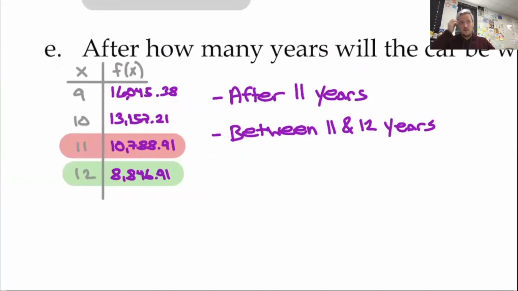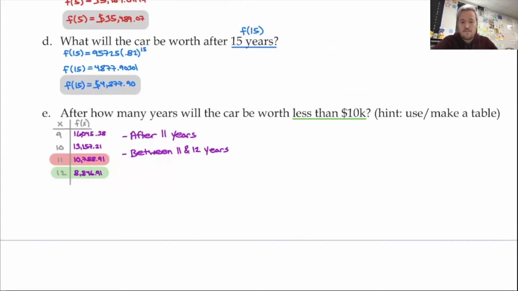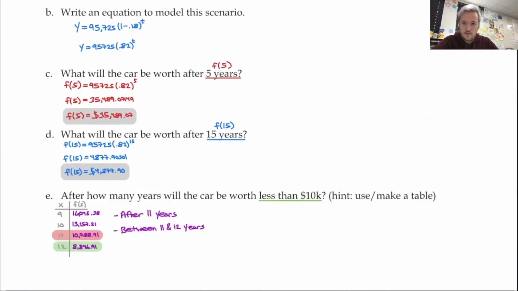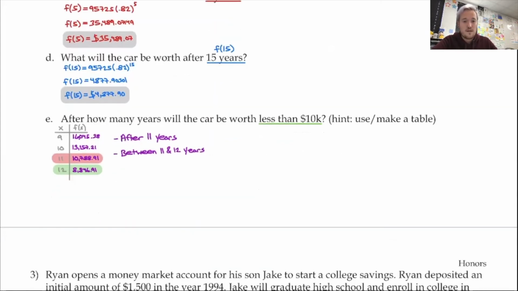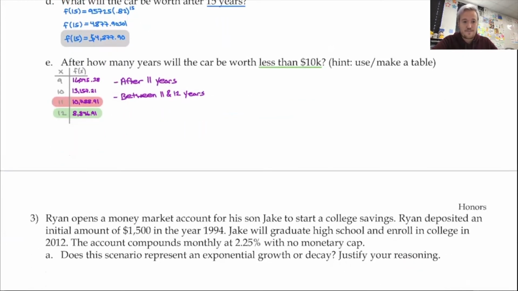There's actually a calculus way to solve these using what we call natural logs and natural logarithms. You'll learn that later on. Don't worry about that now. But this is the algebra way to do it. When you get to the calculus way of doing it, it'll actually give you the exact time, like 11.4 whatever that you need. So in the meantime, we're just going to use the table.